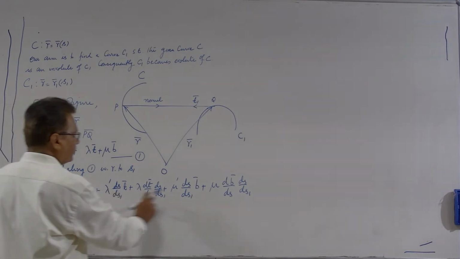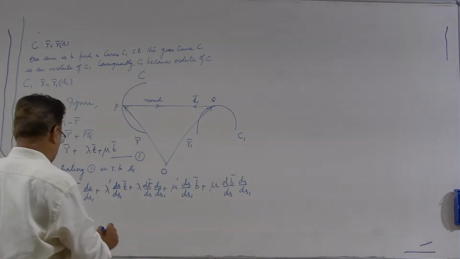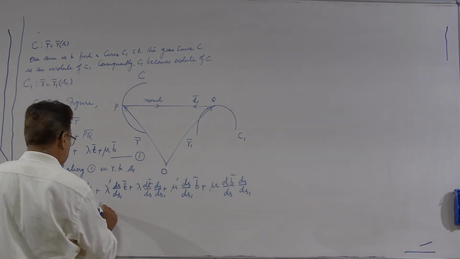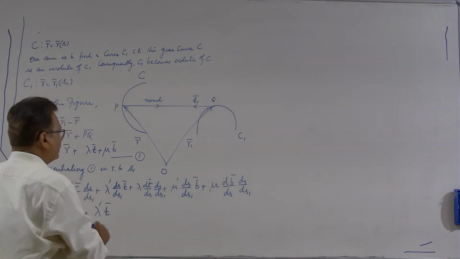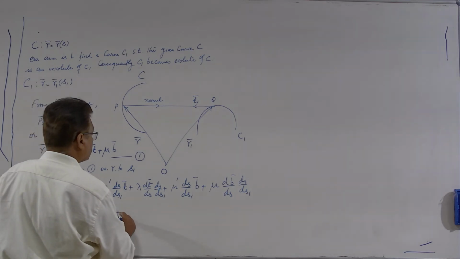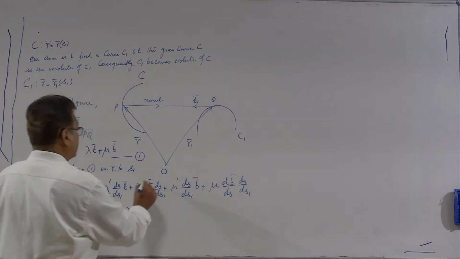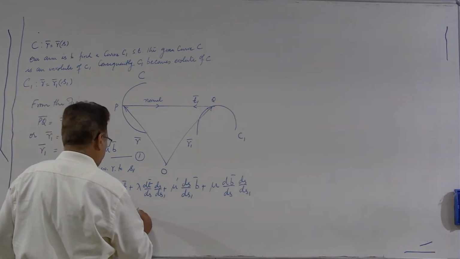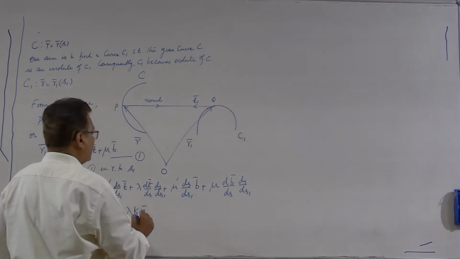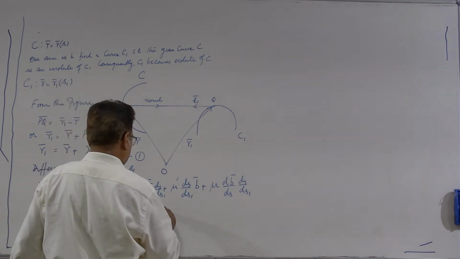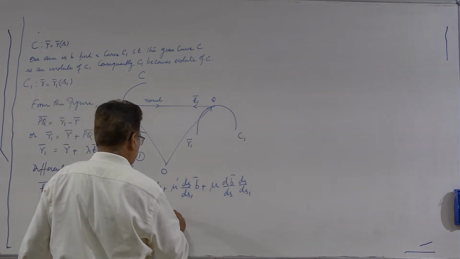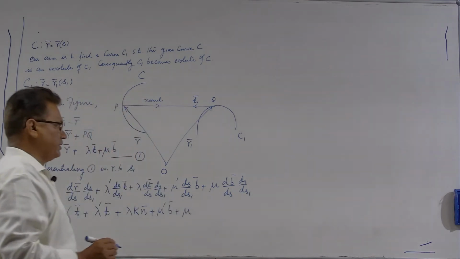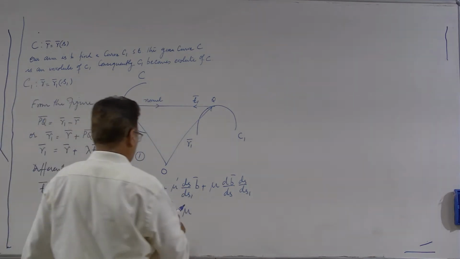This is going to be common throughout, and plus lambda dash into t plus lambda t dash, which is k n, plus mu dash into b plus mu b dash, which means minus tau n.